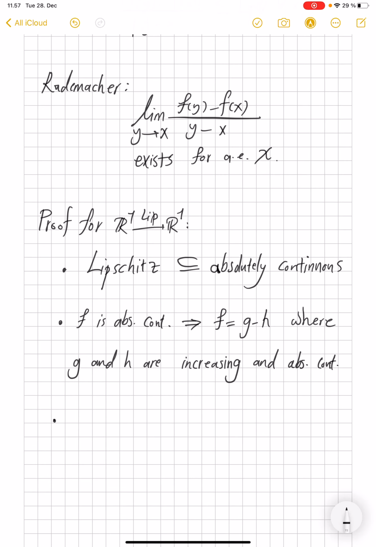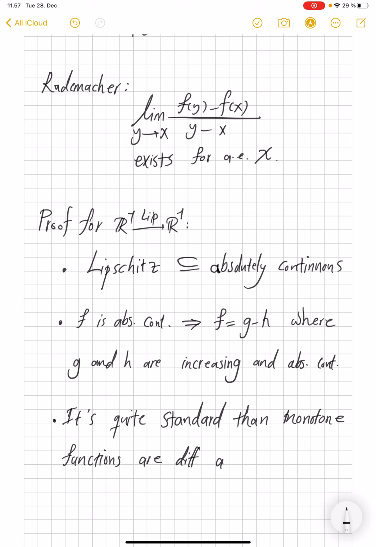Okay, so why does it make life easier? Well, let's say it's standard, not easy. It uses the fact that monotone functions are differentiable almost everywhere on their domain.